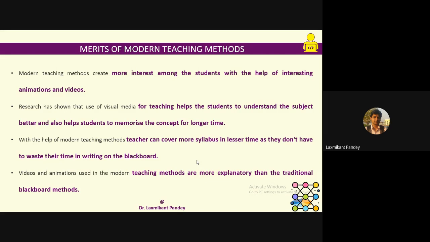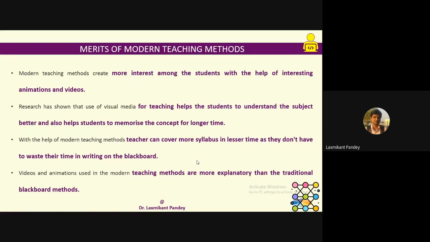Research has shown that use of visual media for teaching helps, as I mentioned in the pyramid. By using animated videos or other teaching aids, students can memorize the subject and retain the information for a longer period of time. This is a very important thing.